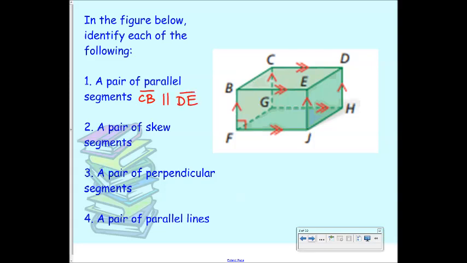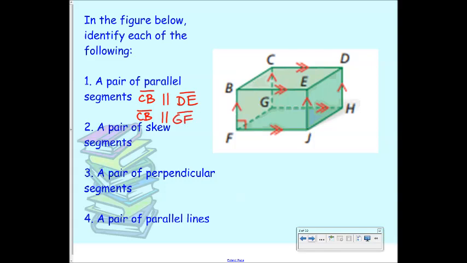This symbol right here that looks kind of like the number 11 means parallel. Why do you think that means parallel? Because it's 2 parallel lines. So CB is parallel to DE. CB is also parallel to what? GF, very good.